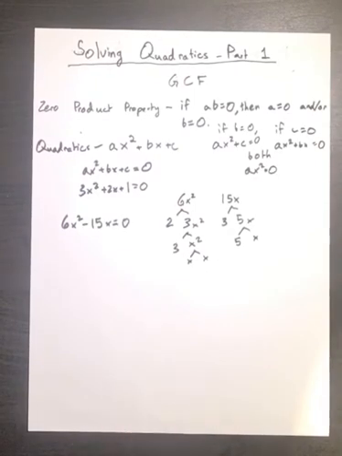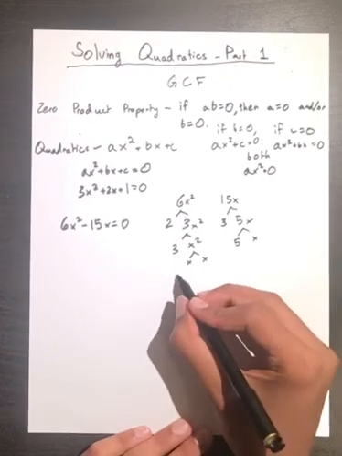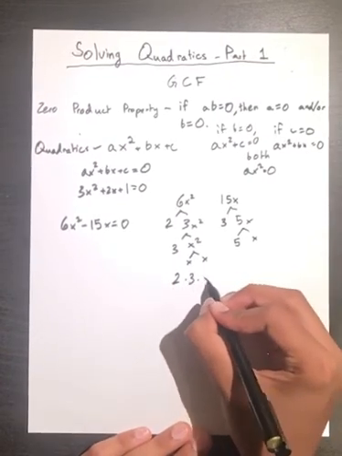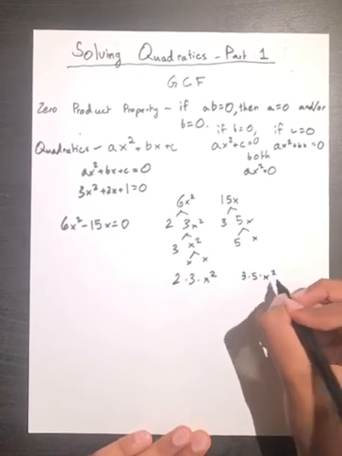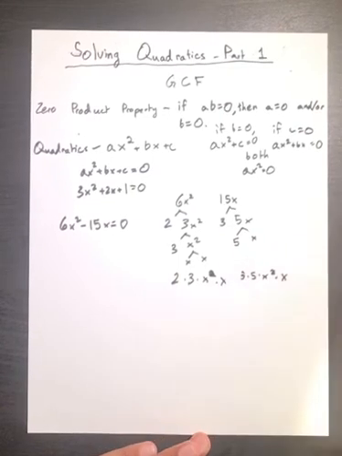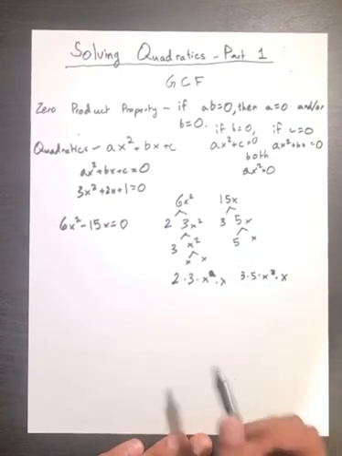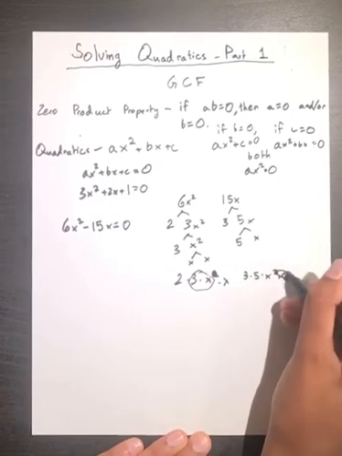If you look at a problem like this, you can probably see right away, oh, 3x, we see that. But for now, since we're just starting, we're going to work like this. So now let's write out the prime factorization: 2 times 3 times x times x, and then 3 times 5 times x. This is easier. And then we can do our normal factoring way where we can be like, hey, they have 3x in common. Oh, this is not x squared. Sorry.